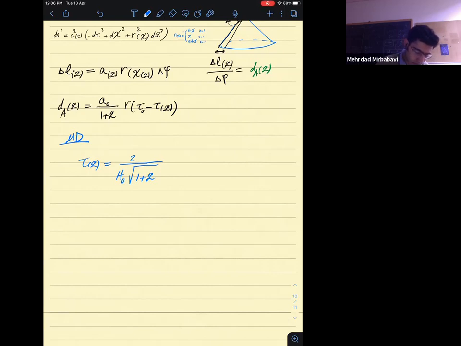So here, for instance, we can determine dA of z to be 2/h0 times 1/1 plus z minus 1/1 plus z to the 3/2.